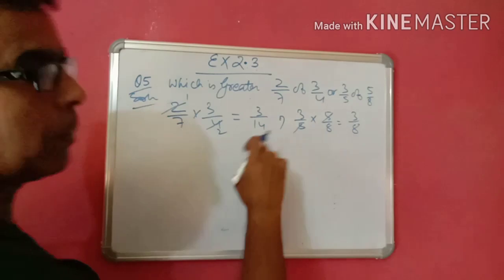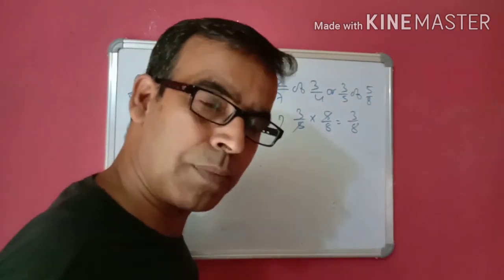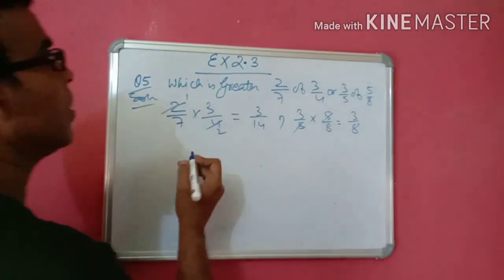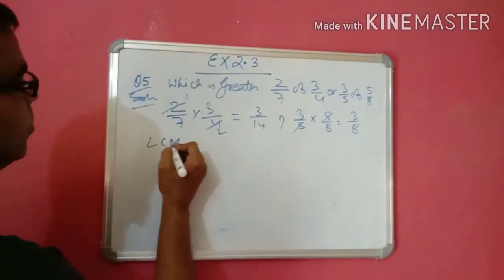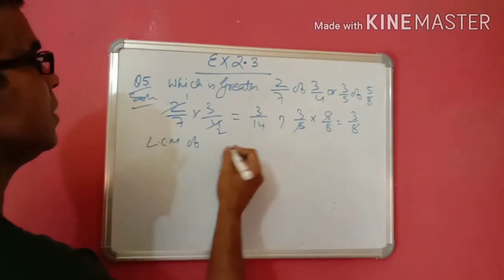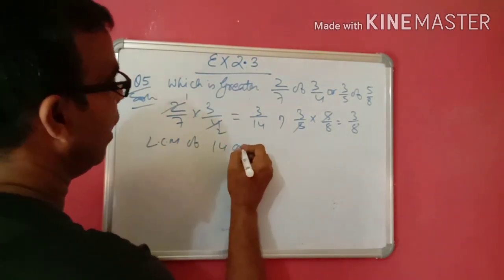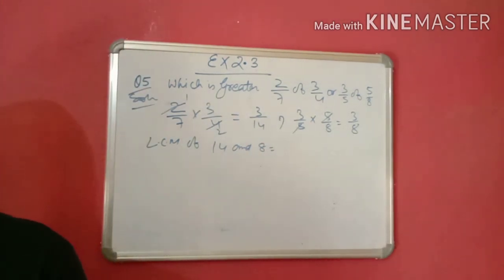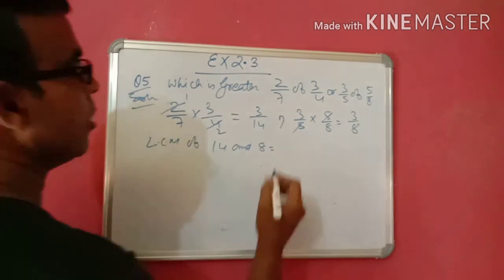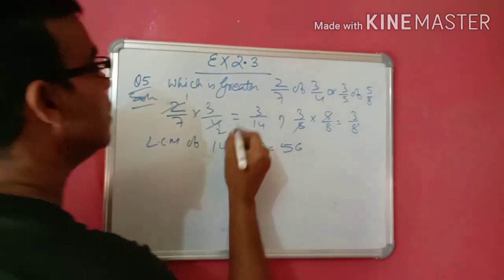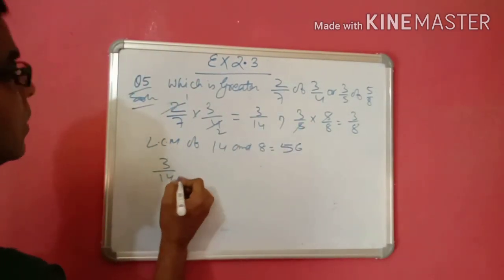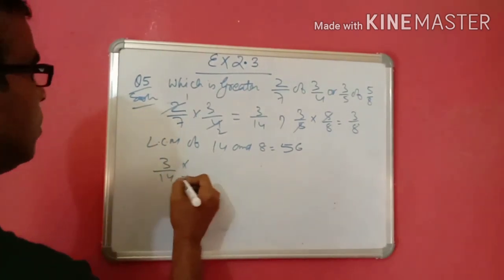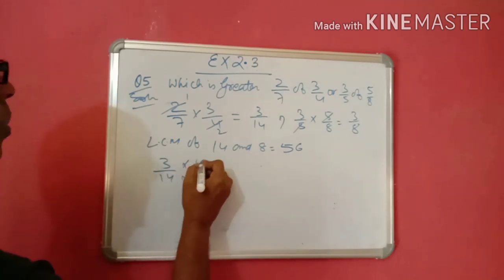Now which is greater? First of all I have to take the LCM, and once again the rule is we have to make the denominator the same. Now LCM of 14 and 8 will be 56. Now 3 by 14, I have to make 56, so I will multiply by 4.